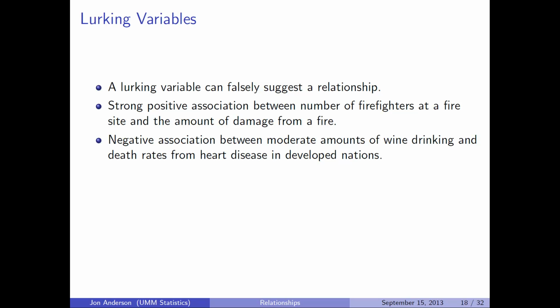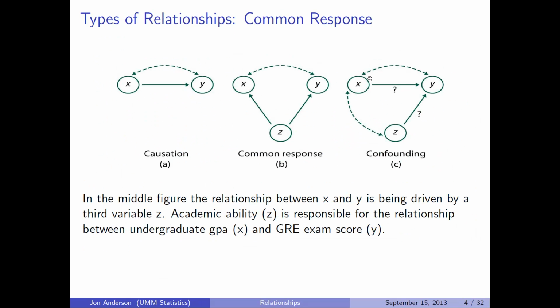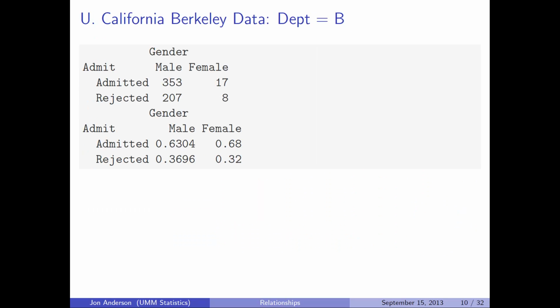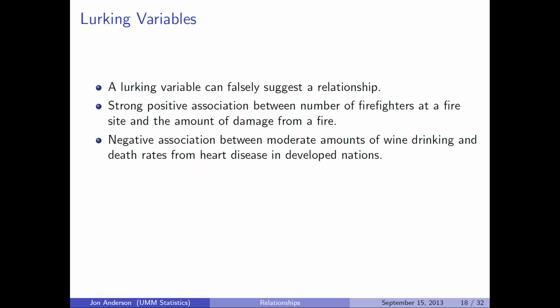That's a common response diagram that we saw previously in a diagram like this one. There's a relationship between firefighters and damage, but that relationship is being driven by a third factor, Z, the severity of the fire.